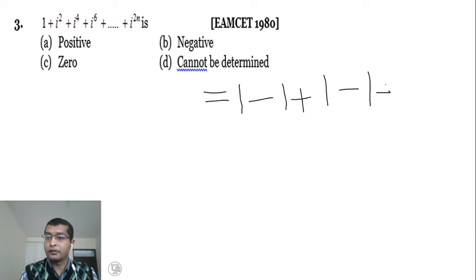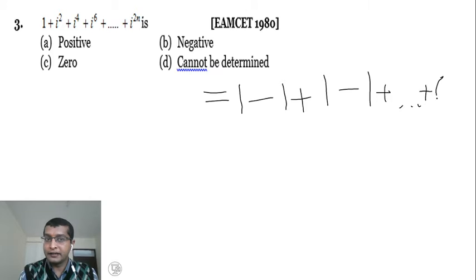Then so on. So we have the last part, i raised to 2n, where we don't know whether n is a positive number or a negative number.